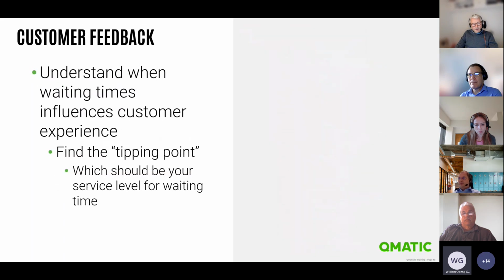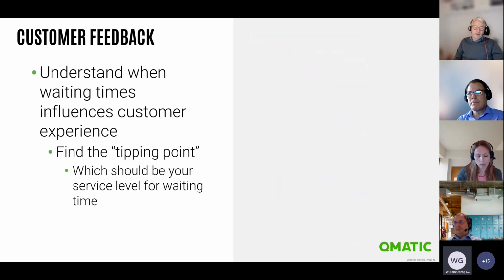Here we go. So another example is related to customer feedback. Customer feedback is this other solution where customers can give feedback, and a typical question you could ask is around waiting time. An analysis tool is also quite interesting to use to find what you call the tipping point. That is also related to what kind of service level I should use for my customers when it comes to waiting time.